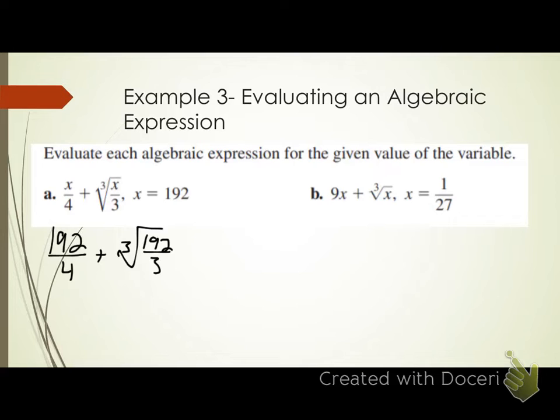So in your calculators, type in 192 divided by 3, and what do you get? 64. So this just becomes the cube root of 64. Does that make sense? Now, I could probably figure out what the cube root of 64 is.